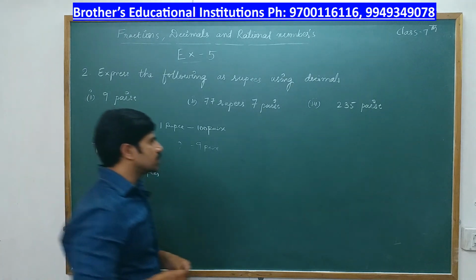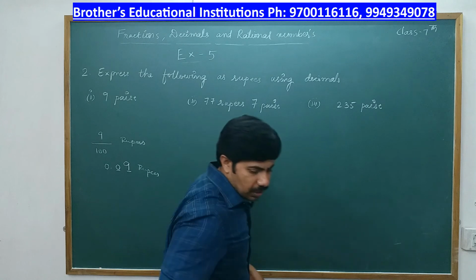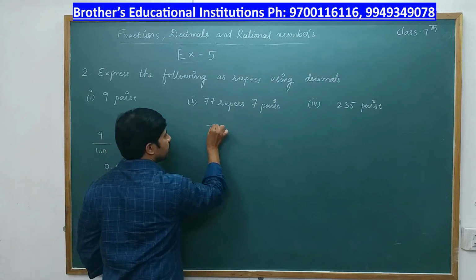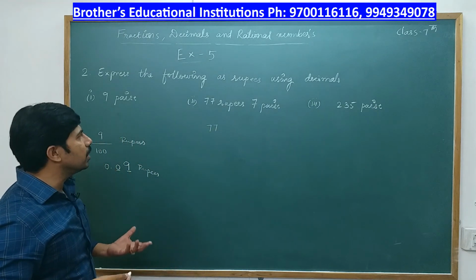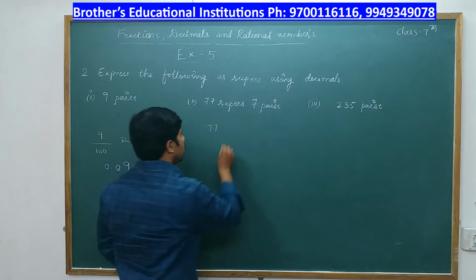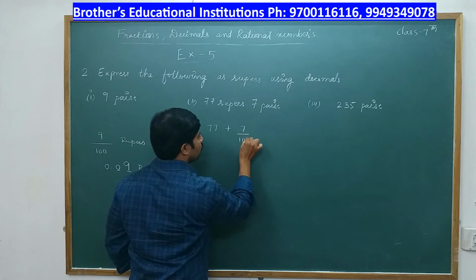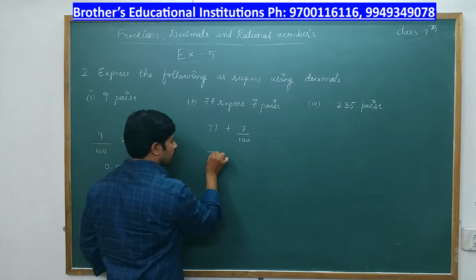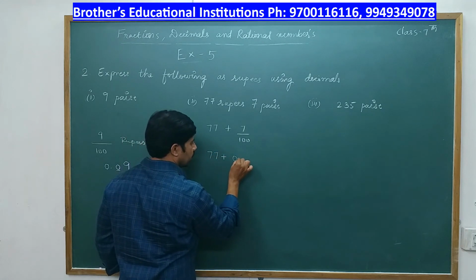Now we'll go to the second one. Right, in the second one, as 1 rupee is equal to 100 paise, 77 rupees is there. So 77 rupees I will not disturb because we need paise in terms of rupees. So rupees I will not disturb. Plus 7 paise I am converting into rupees, 7 by 100. So you write 77 plus denominator is greater than numerator.